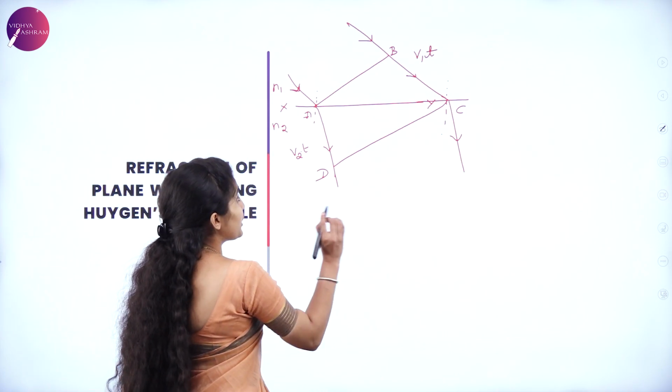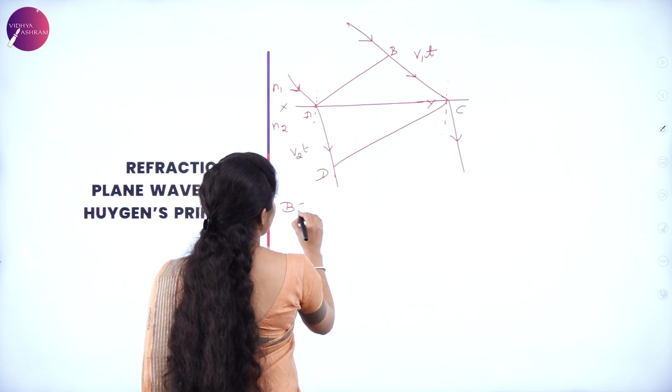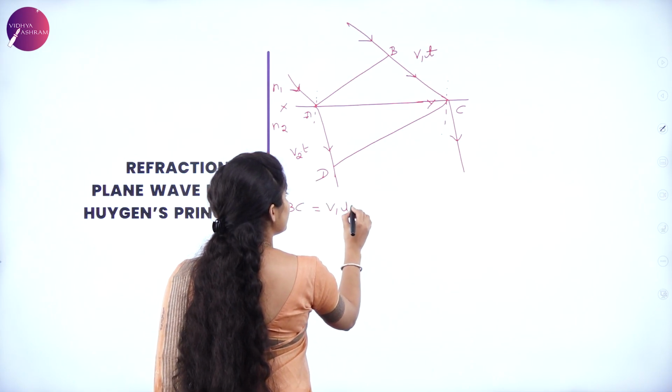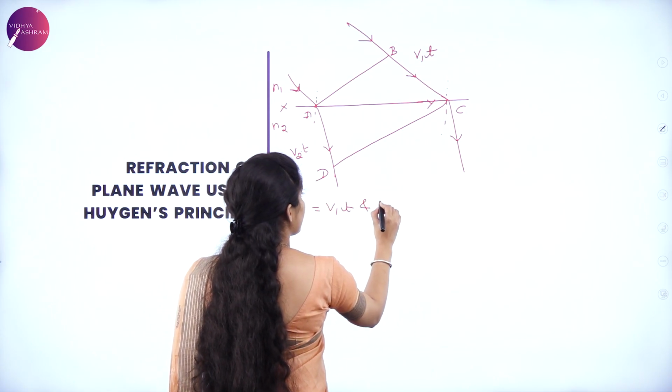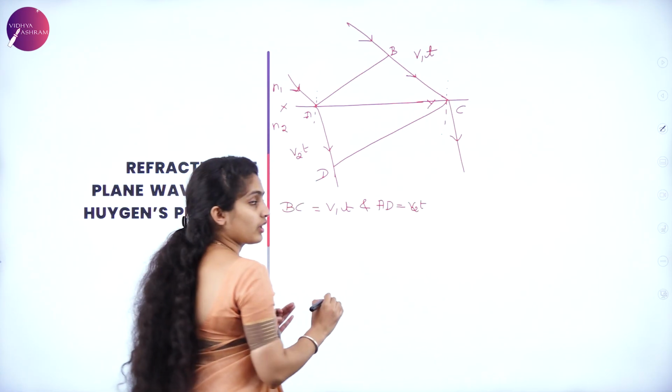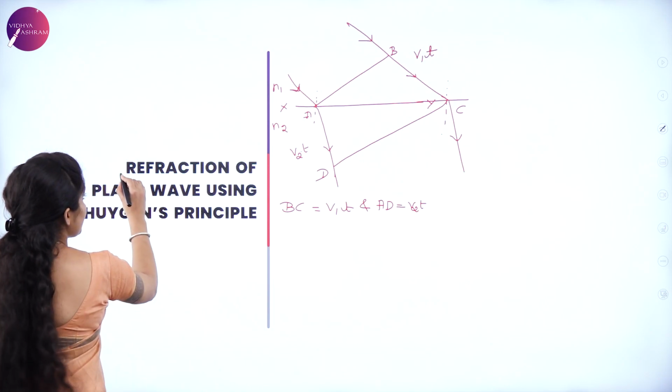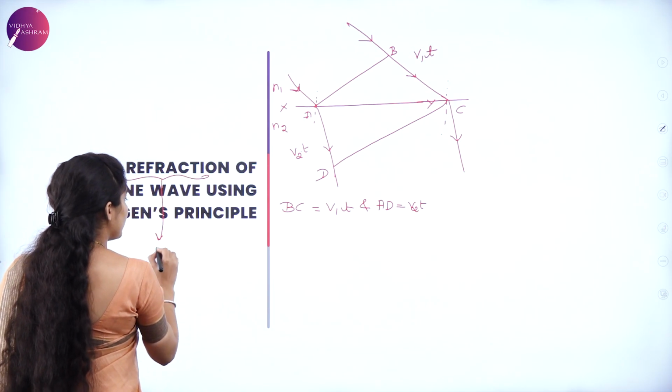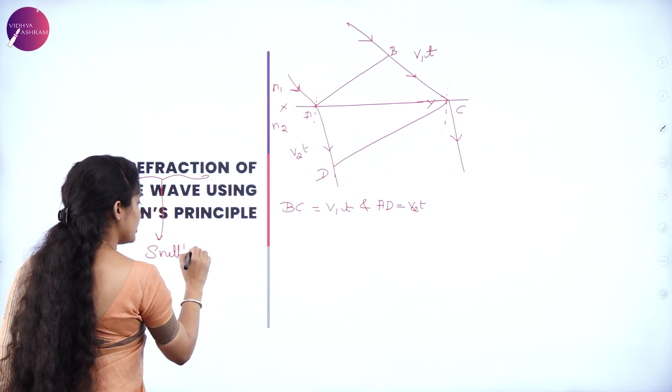So now we know that BC is equal to V1T and AD is equal to V2T. In case of refraction, we have something called as Snell's law.